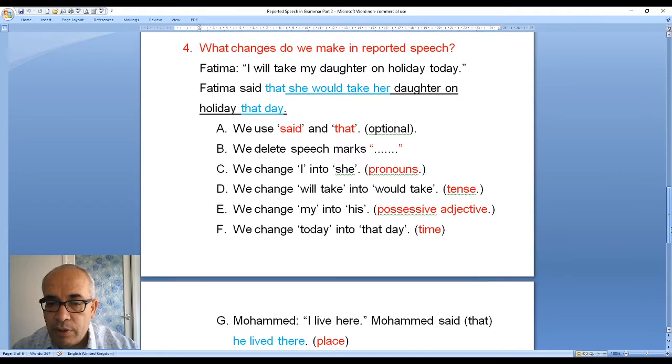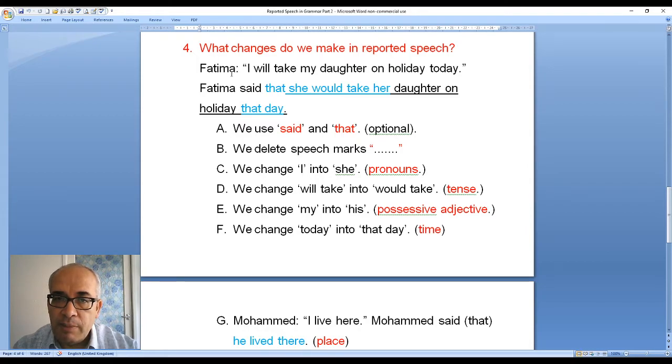Now this is the important part. This is the most important part, about reported speech or direct speech. What changes do we make in reported speech? For example, I have a person, and this person is called Fatima.